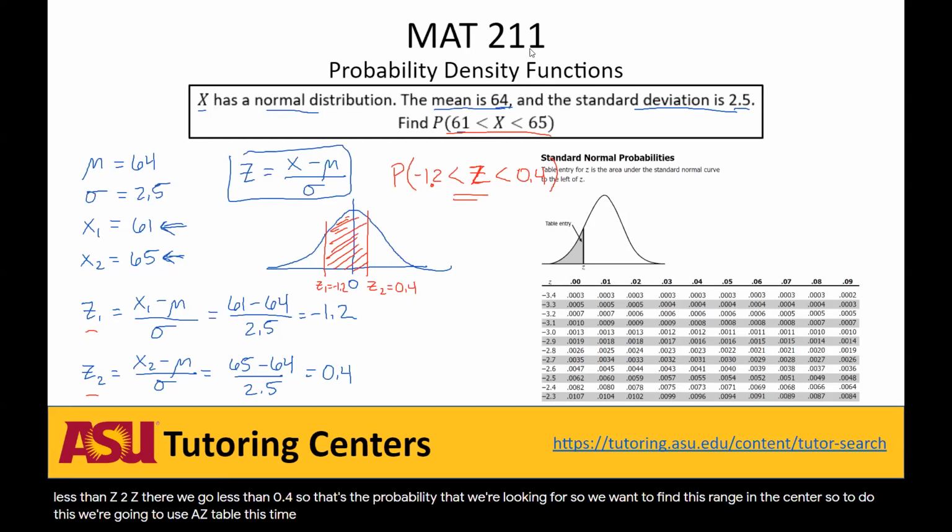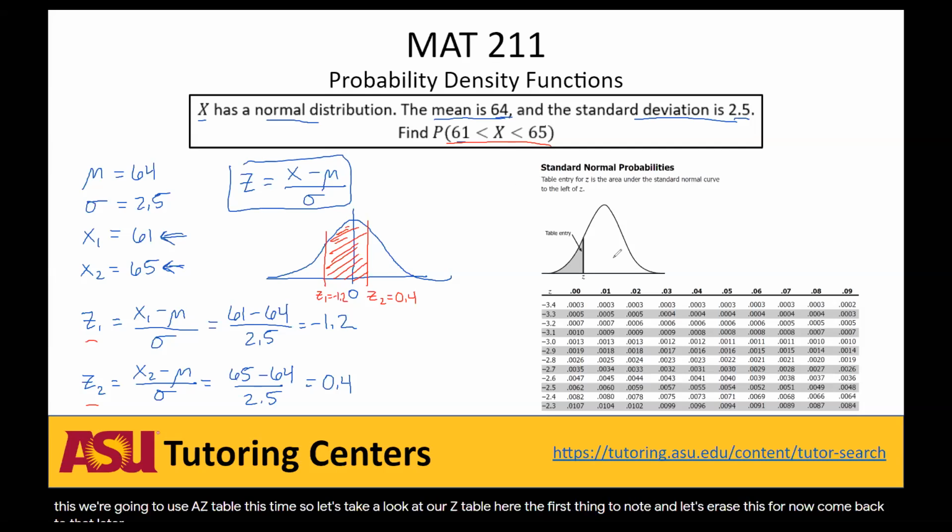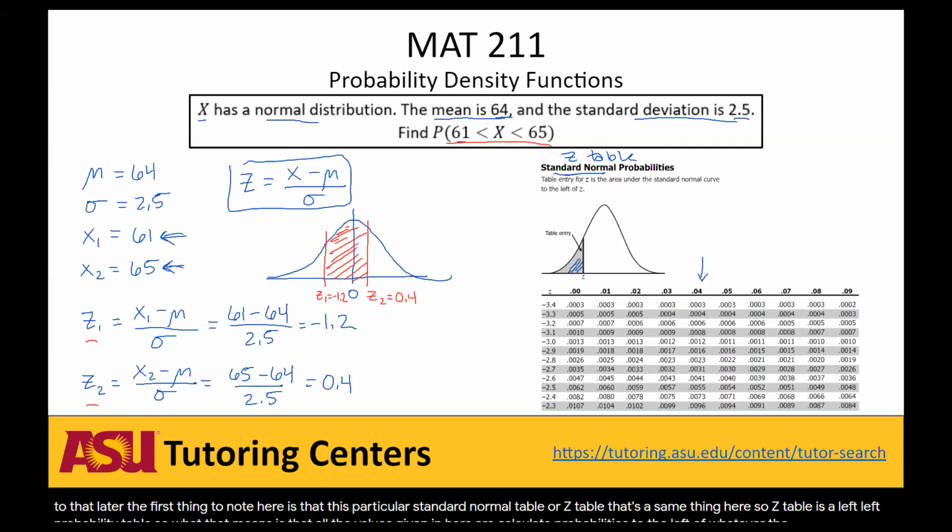So let's take a look at our Z-table here. The first thing to note, and let's erase this for now, come back to that later, is that this particular standard normal table, or Z-table, is a left probability table. So what that means is that all the values given in here calculate probabilities to the left of whatever the Z-score is.